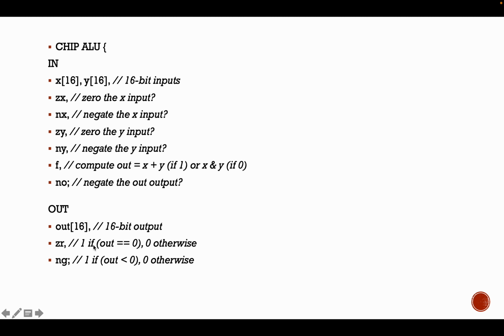See, it says 1 if the output equals 0, and if it's not, then it's 0. Otherwise, it's false. Same thing for NG: if the output is less than 0, so if it's a negative number, then NG will be true, and otherwise it will be false.